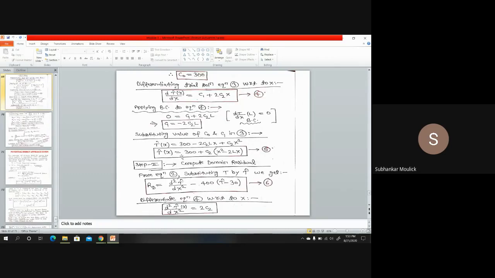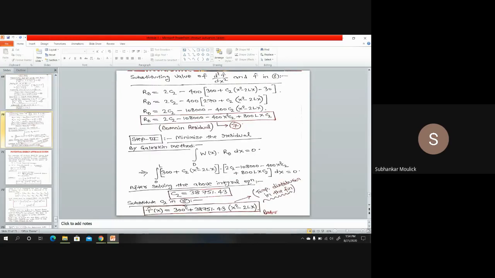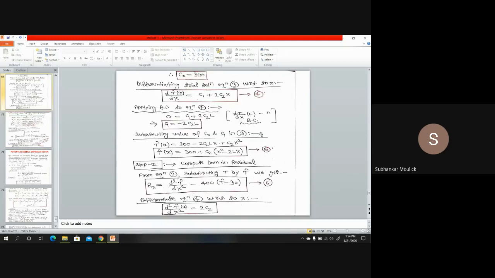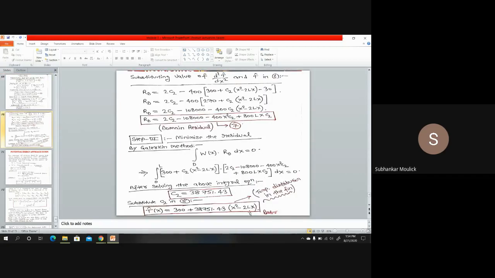T cap of x is equal to 300 plus C2, so 300 plus C2 is 38751.43, into x square minus 2lx. So this is the final temperature distribution inside the fin if you treat the entire beam as one element by the Galerkin method.